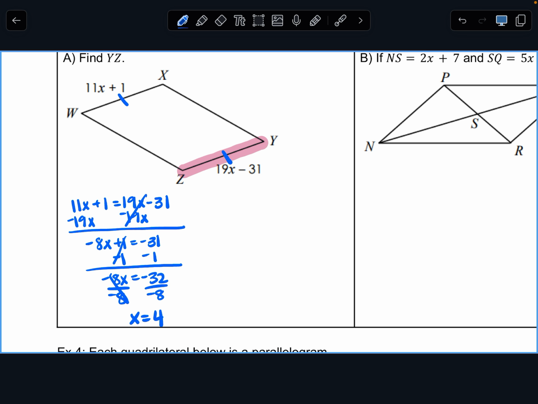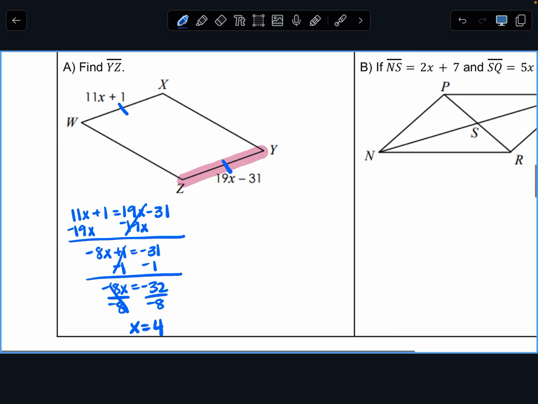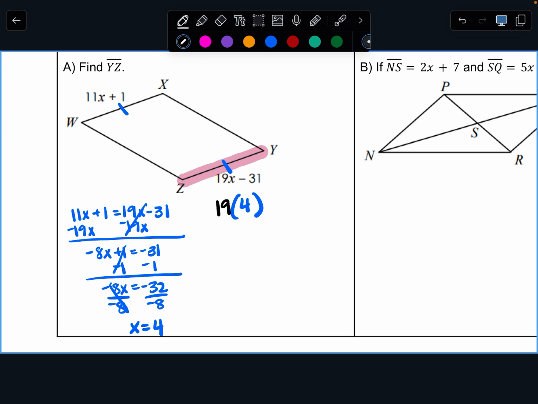So x equals 4. And now to solve for the length of YZ, I'm going to plug it back into the expression for YZ and substitute 4 for x.